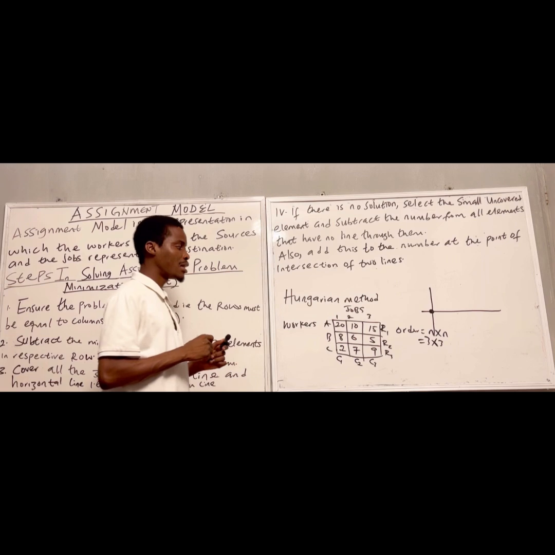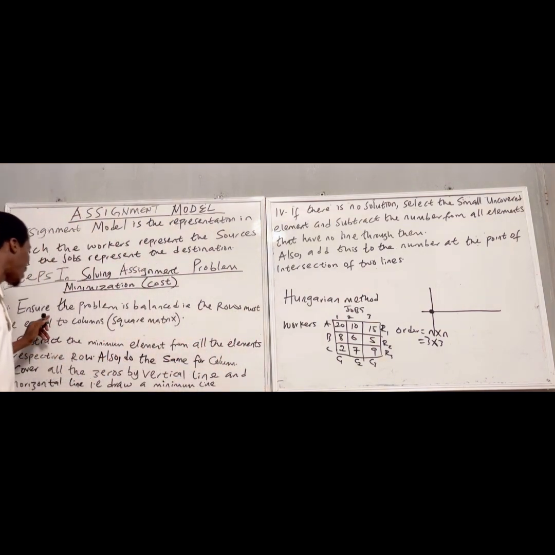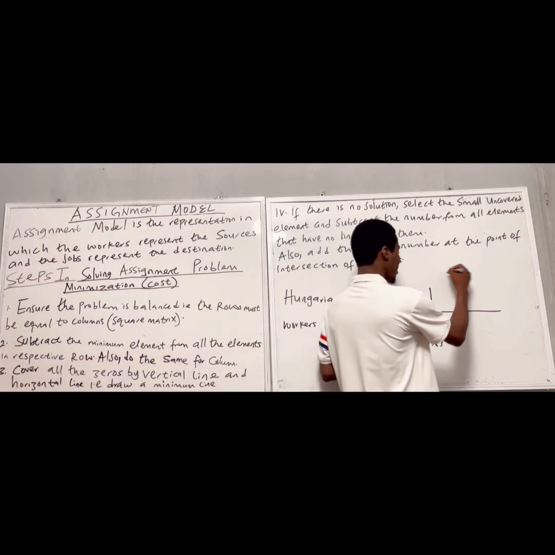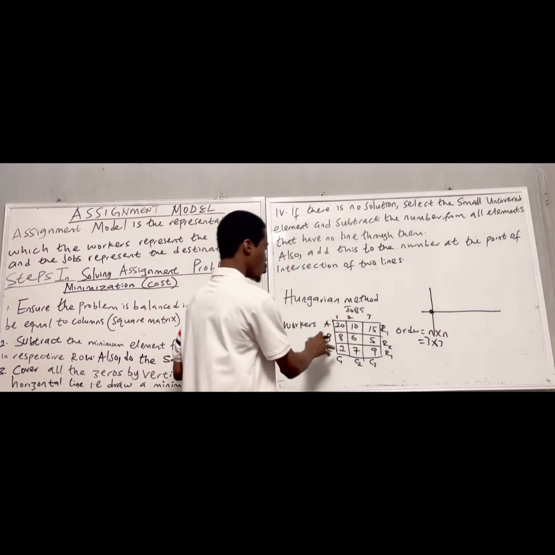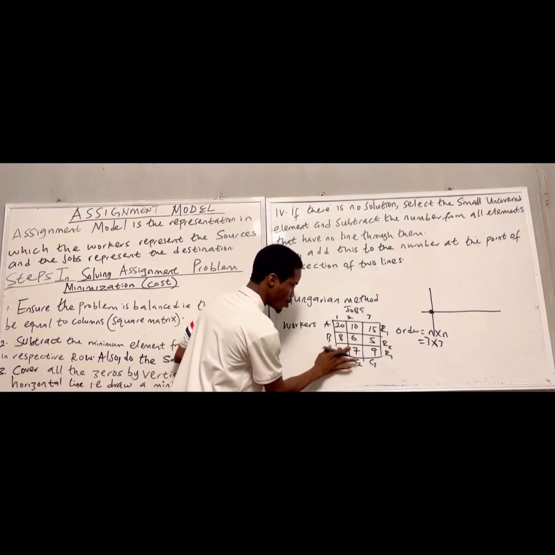And another thing I want to explain is that in step 1, I said you ensure that the problem is balanced. If the problem is not balanced, suppose we have something like this, we don't have C here.